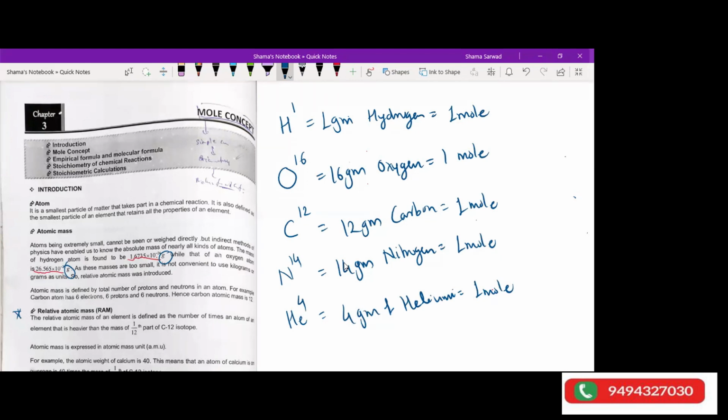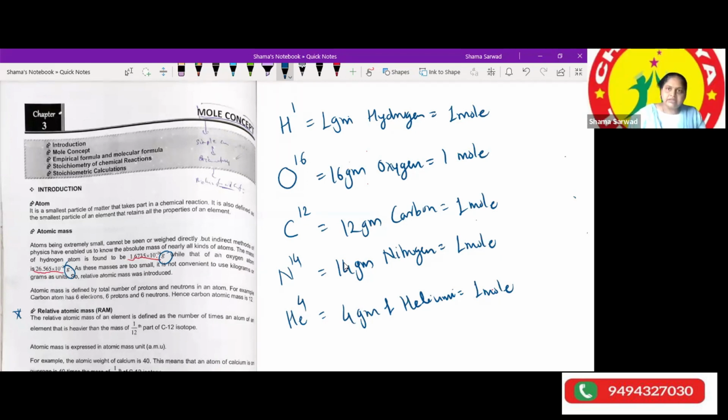Now 1 mole of any substance consists of a fixed number of particles. Those particles can be atoms, molecules, or ions. Here we are speaking about atoms: hydrogen atom, oxygen atom, carbon atom, nitrogen atom, and helium atom.